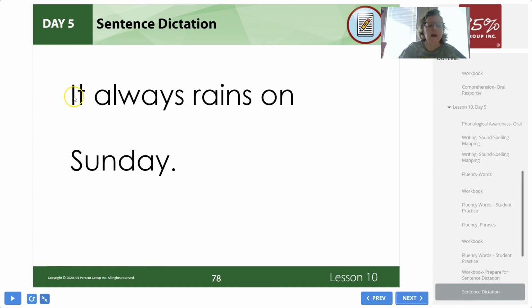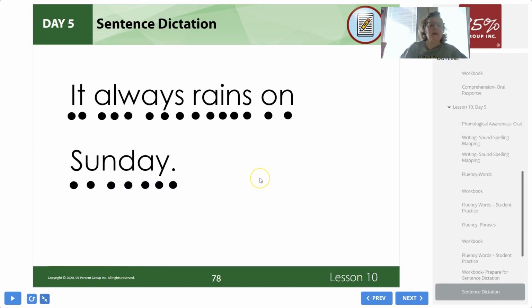It, capital I, lowercase t, always, A-L-W-A-Y-S. Then we have a space, R-A-I-N-S, space, O-N, capital S, lowercase U-N-D-A-Y, and a period. It always rains on Sunday.